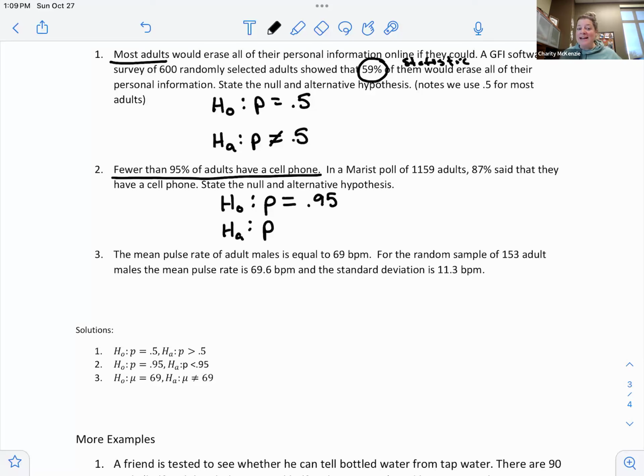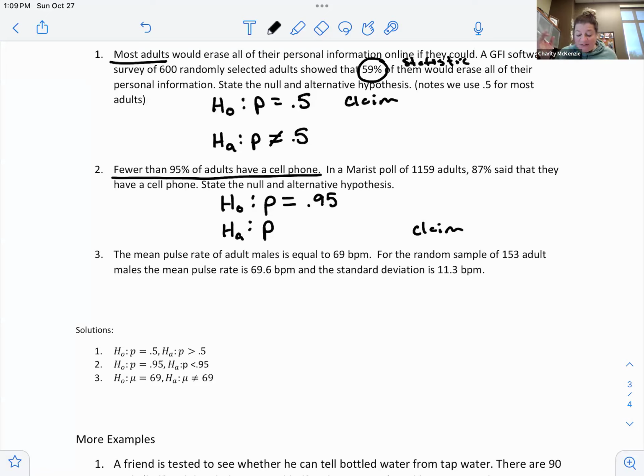Okay, so fewer than 95% is the claim. I'm going to label this claim right here, and that will help in the next section, knowing which one is your claim. Oh, that's not our claim on this one. I lied, it was on the other one. This next one will be our claim. It will help in the next step if I write it on the right one.